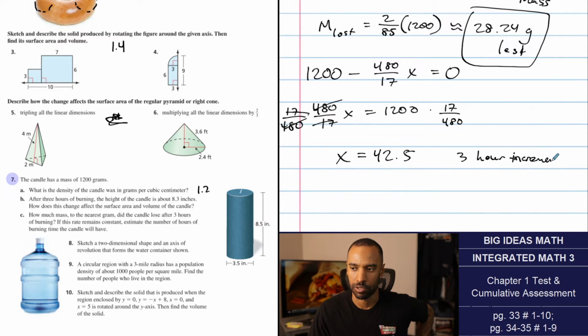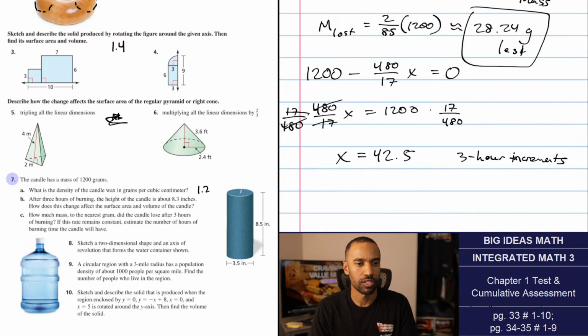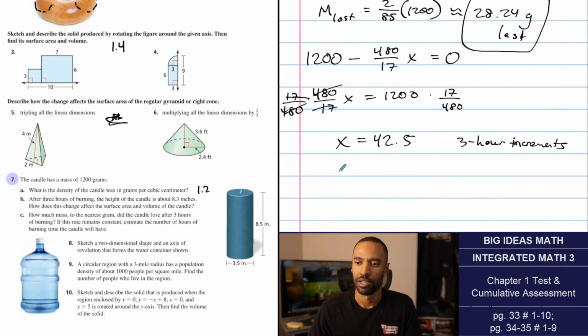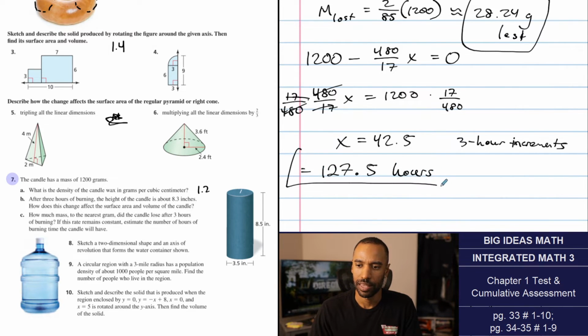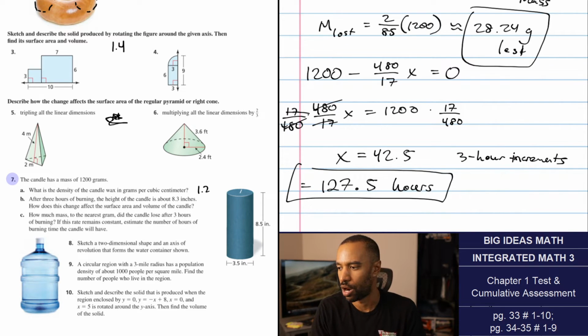I got to multiply that number by 3, because it says number of hours. This is pretty robust as far as the problem goes. And I get 127.5 hours. That's my story, and I'm sticking to it. I'm not using any rounded values, so the exact values are as they should be.